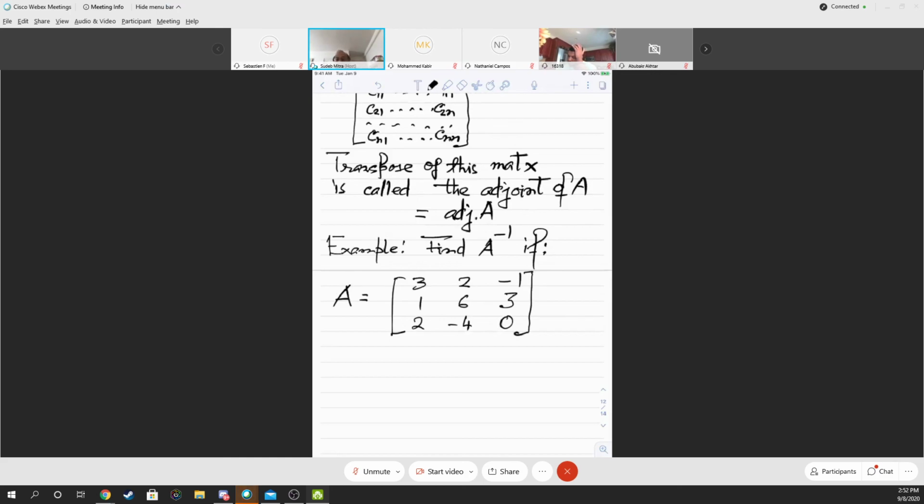First, find the matrix of the cofactors. Very important. No, first find the determinant. If the determinant is 0, sorry, inverse doesn't exist.